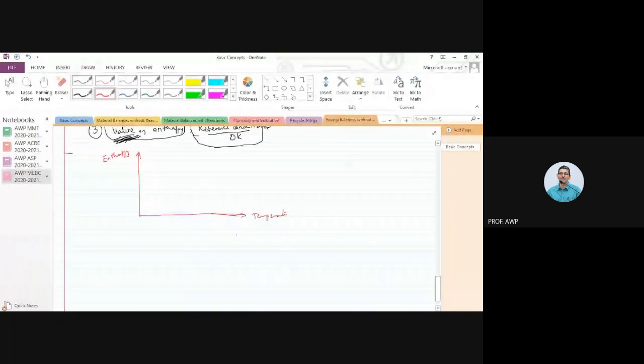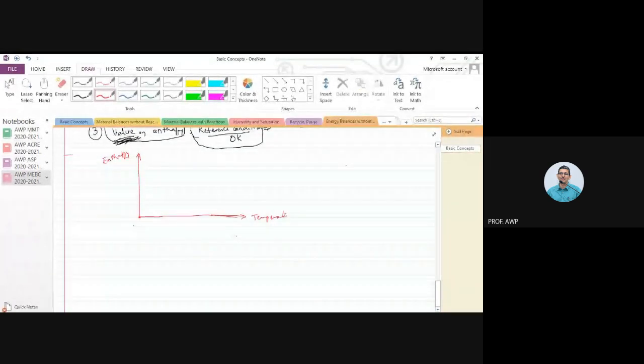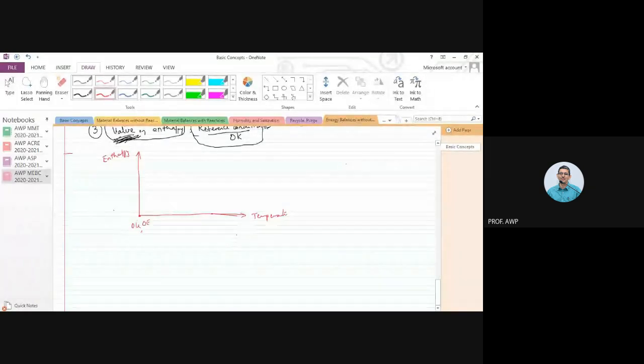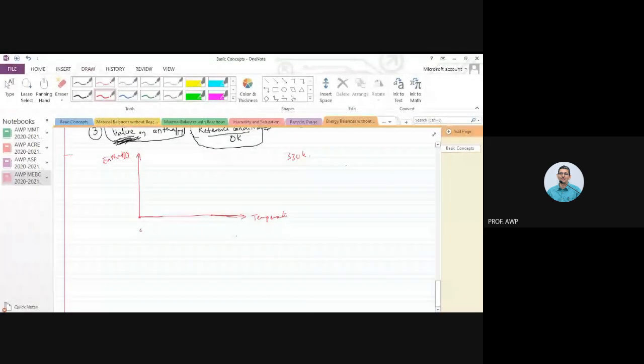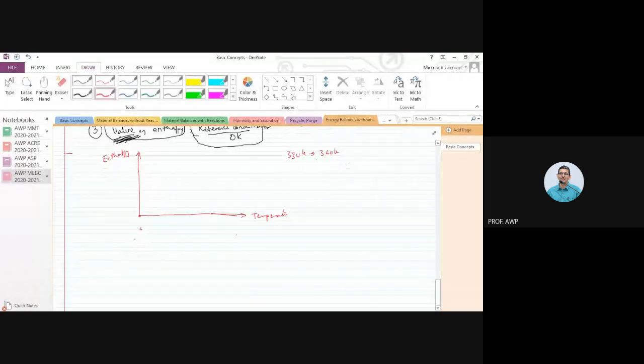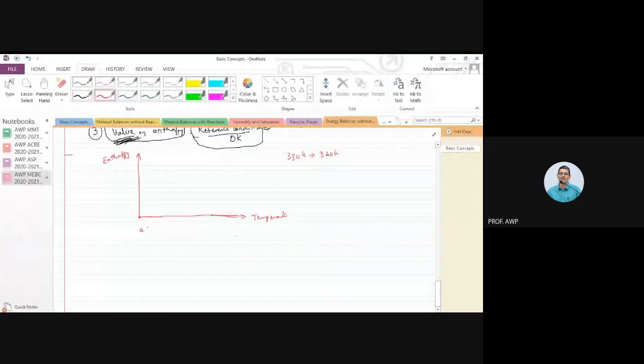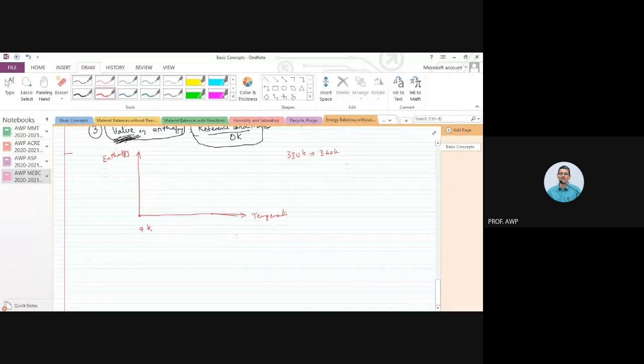Should we take this origin as 0 Kelvin and 0 enthalpy? That can be one way of plotting this graph. But suppose our temperature change is only from 330 Kelvin to 360 Kelvin, we would have to plot this graph right from 0 Kelvin. So that's not a good idea.